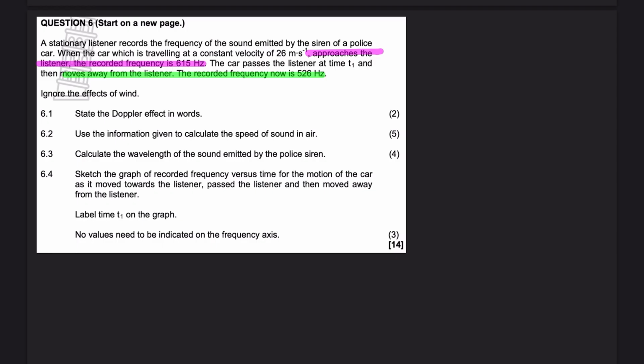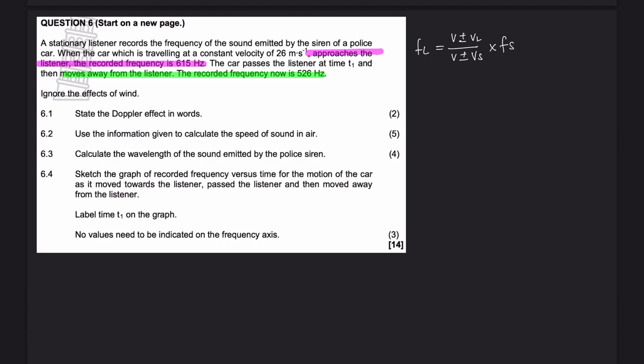In this case, let's write out our equation and we can figure out which one it's going to be. So our equation for Doppler is FL equals V plus or minus VL over V plus or minus Vs, multiplied by Fs.